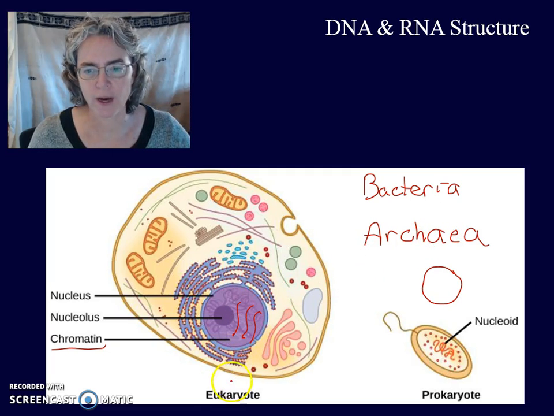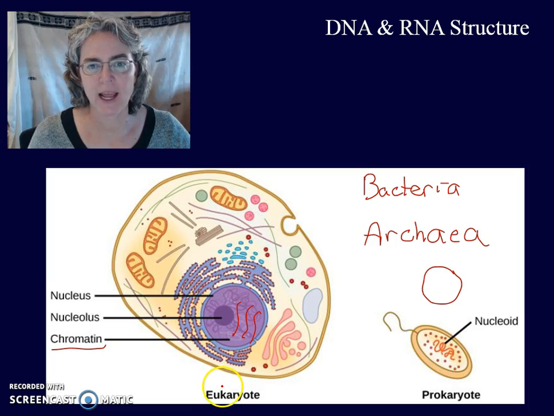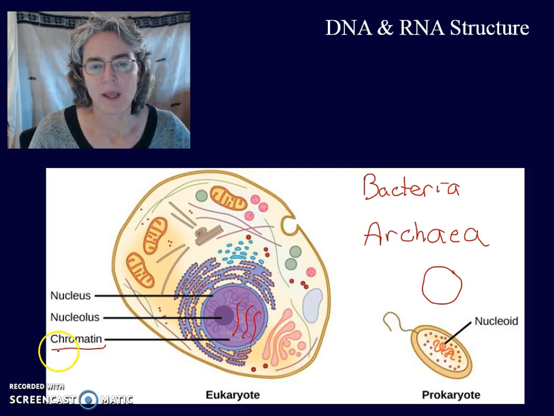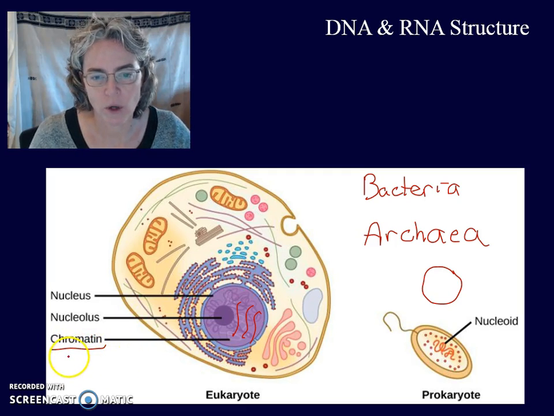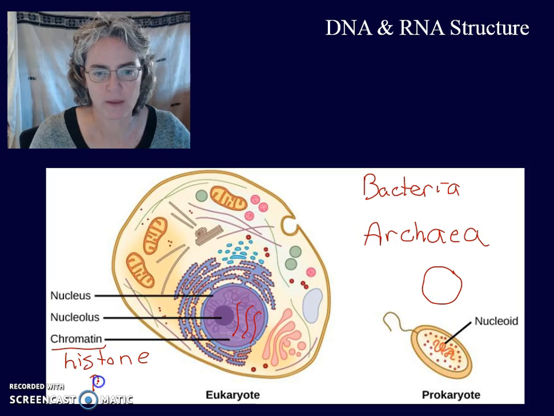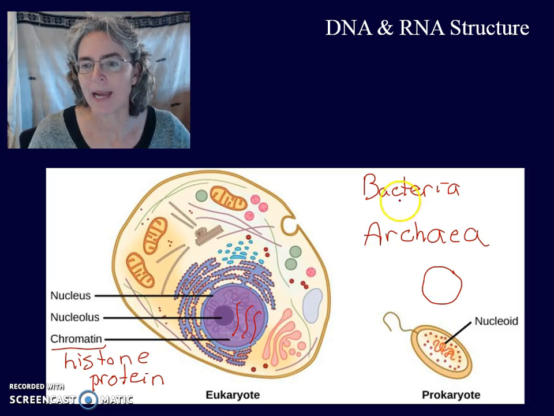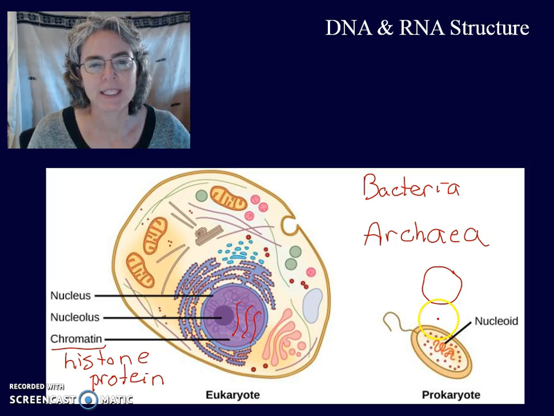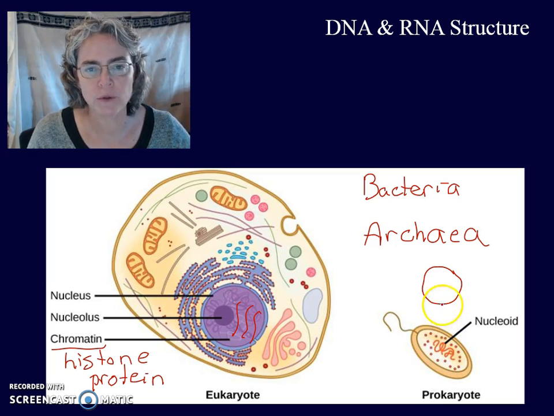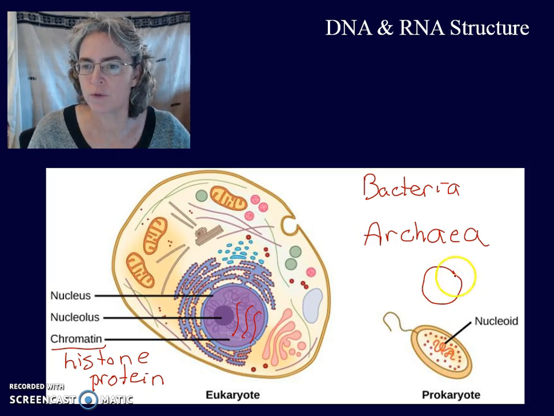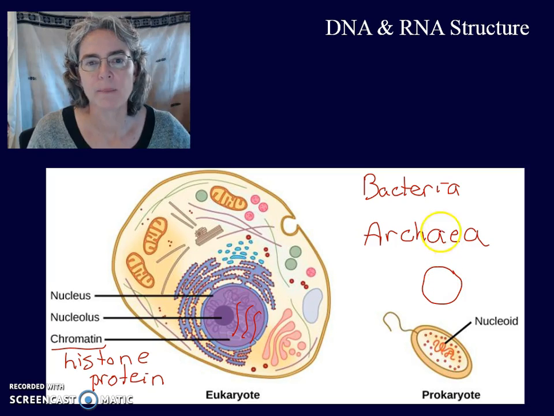So in eukaryotes, the chromatin, the DNA molecule, gets wrapped around what's called a histone protein. Bacteria, the circular DNA gets supercoiled and proteins are used to facilitate that supercoiling, but bacteria don't use histone proteins.